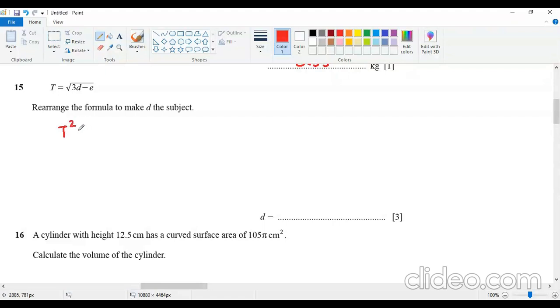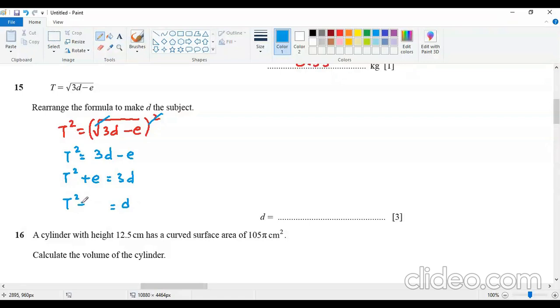Squaring both sides is going to get rid of it, so you will get T squared equals 3D minus E. You don't want this E here, so T squared plus E equals 3D, and D equals T squared plus E over 3.